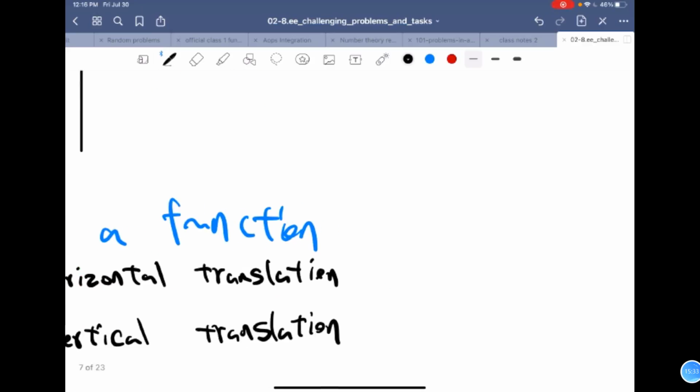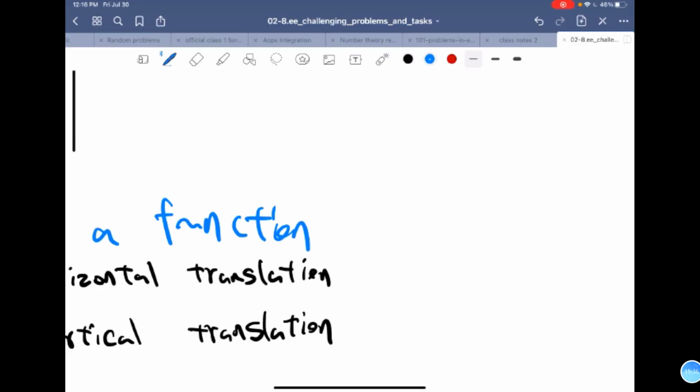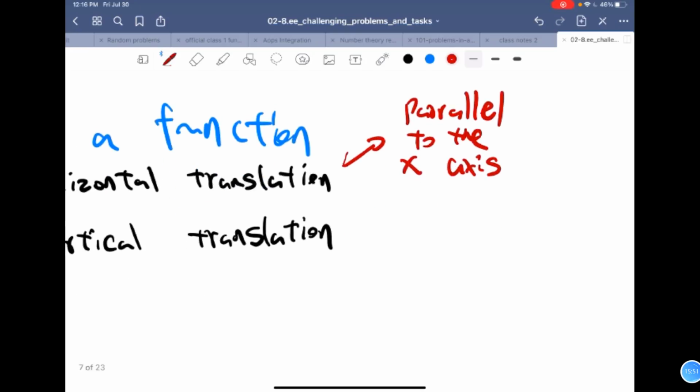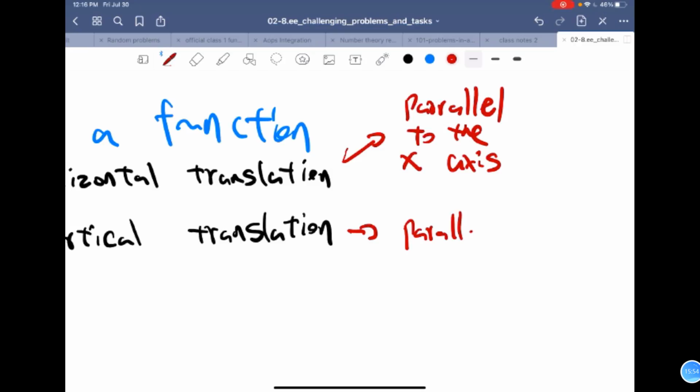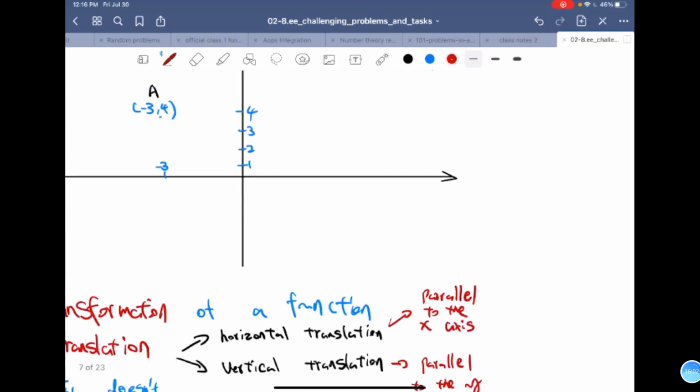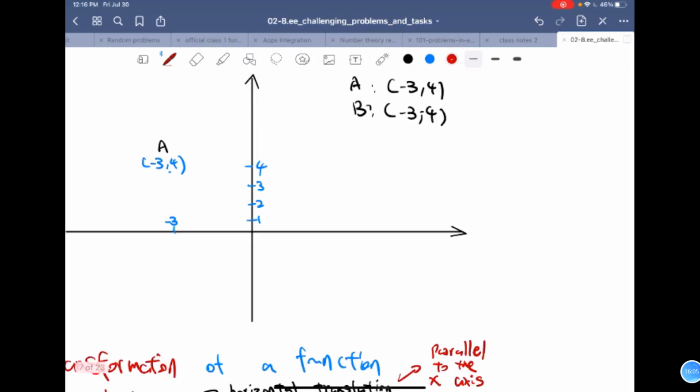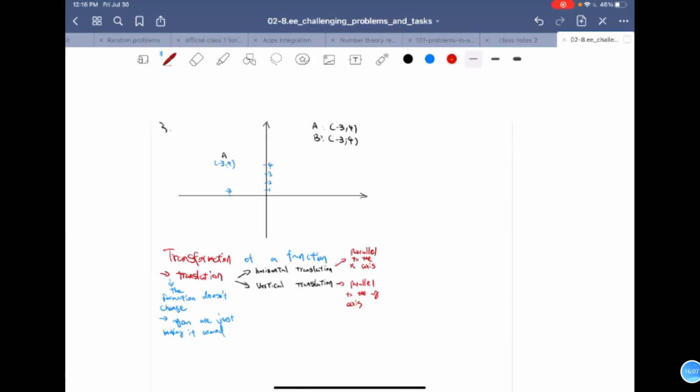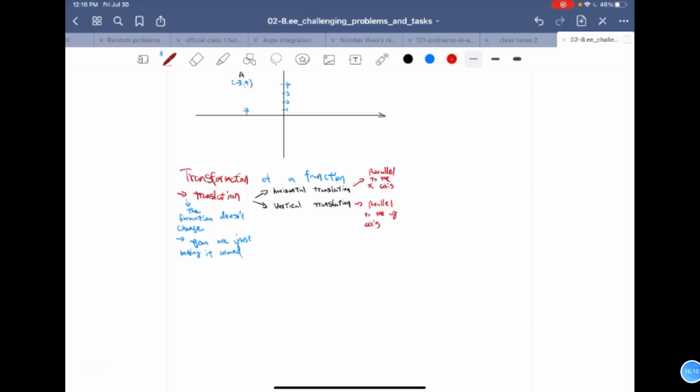I'm gonna put this in a more rigorous way. What is meant by horizontal is parallel to the x-axis, and vertical is parallel to the y-axis. Those are actually called the reference axes as well. I'm gonna do a concrete example.